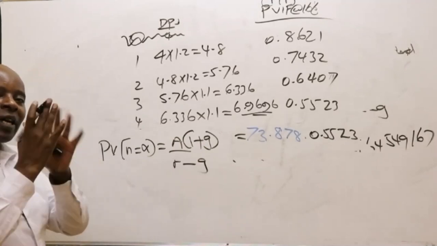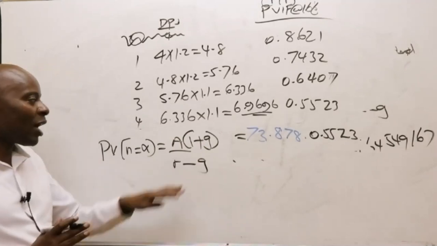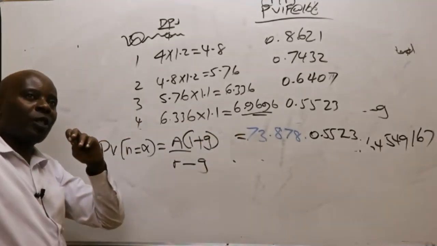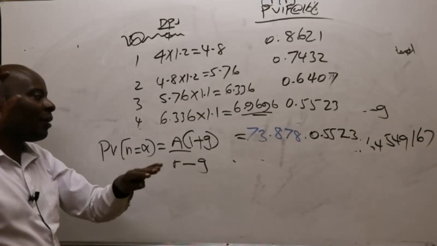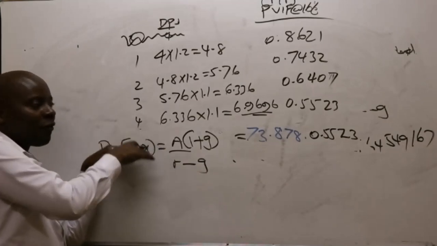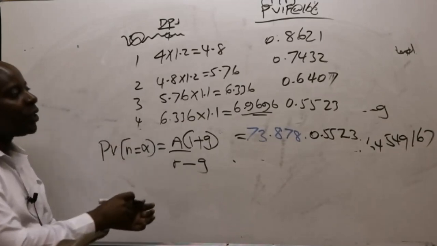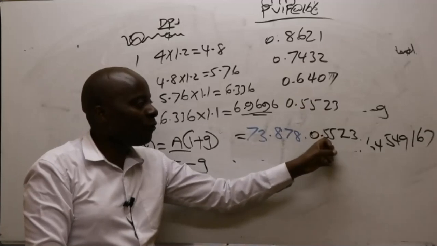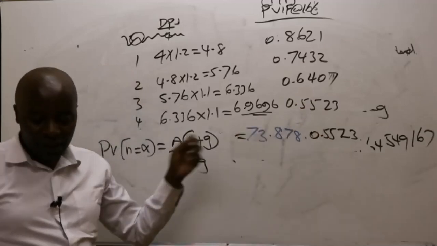So that thing of dividing with R, I've already taken care of while getting this figure. But you see, I took that figure from the future perpetuities and lumped it here, which is equivalent to the end of year 4. That is why we are making use of the lump sum PV of year 4 for this one.